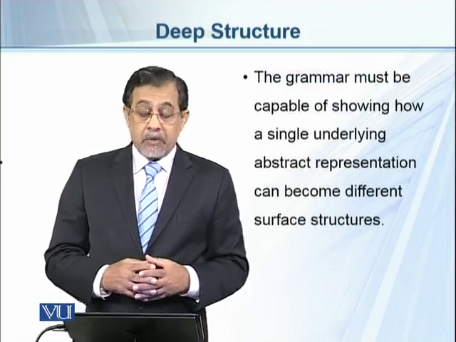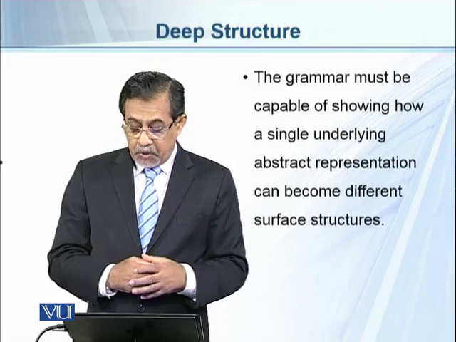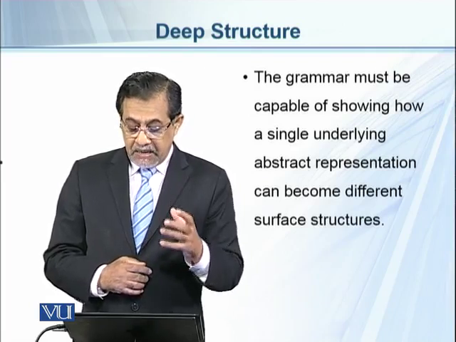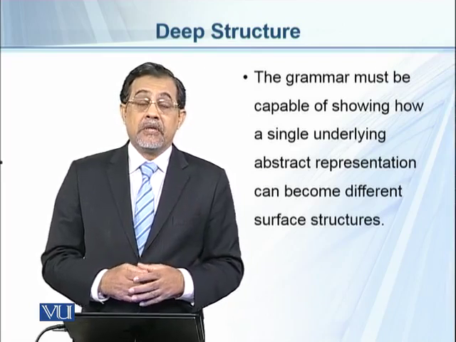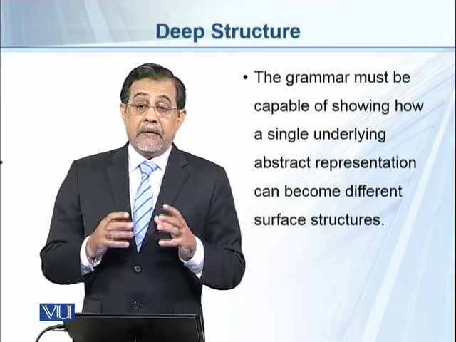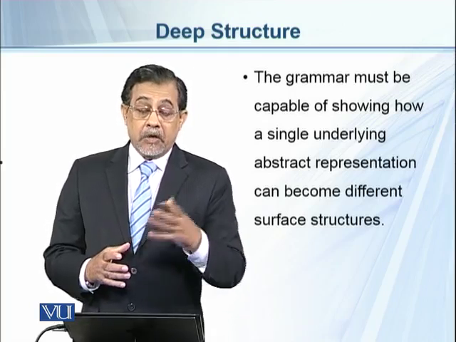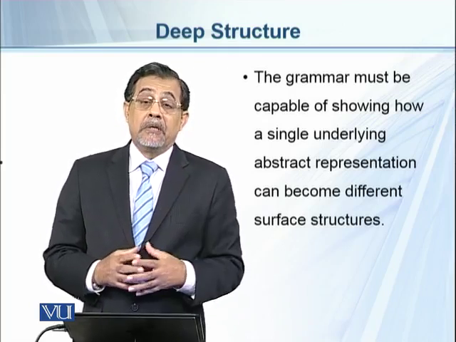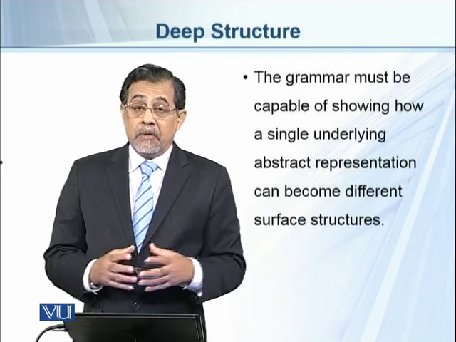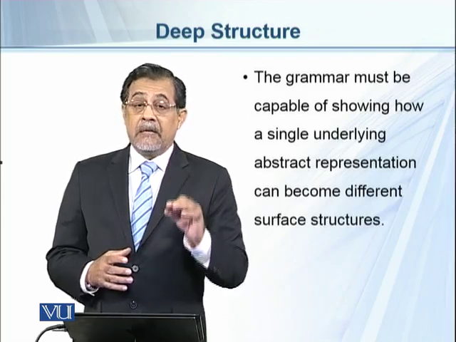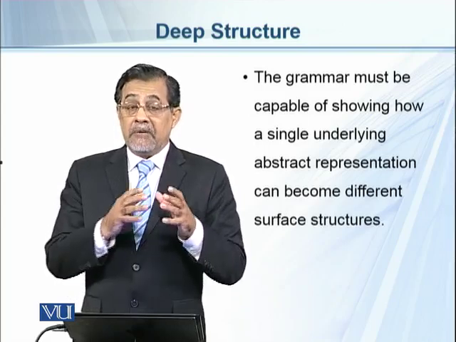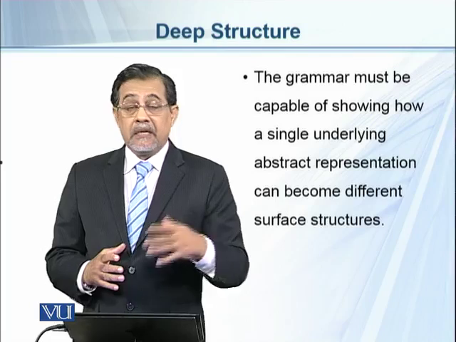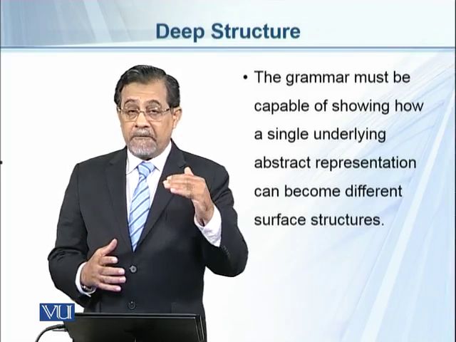So we can conclude the grammar must be capable of showing how a single underlying abstract representation can become different surface structures. According to this Chomskyan view, at the abstract level we have a sentence, and this sentence can represent many different structures at the surface level.